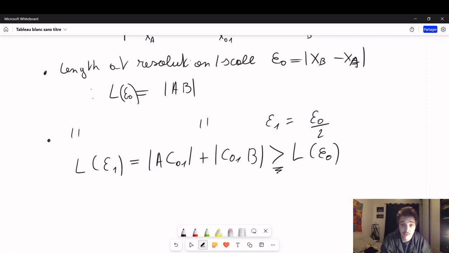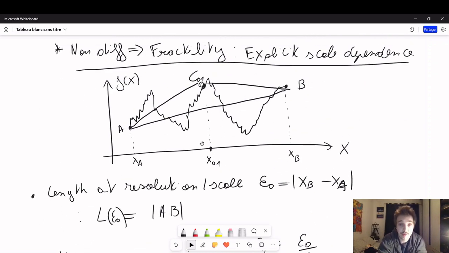And this is strictly so because of non-differentiability. You can always find such an x coordinate close to the middle of xb minus xa, such that the length of the curve measured at that resolution is bigger than the length of the curve measured at the previous resolution, at a higher scale.